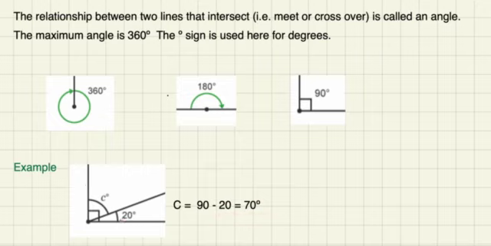So by knowing one of these angles and knowing that this is a right angle, we can work out what the unknown is. So C is obviously this angle minus 20.